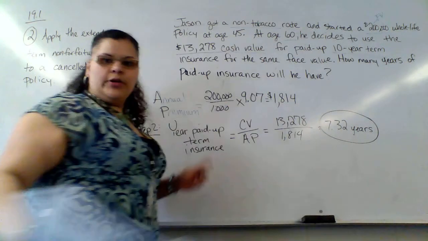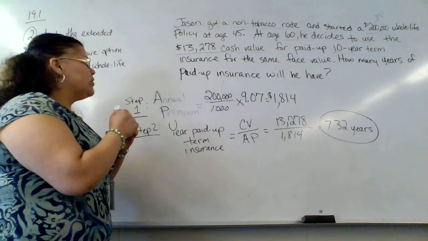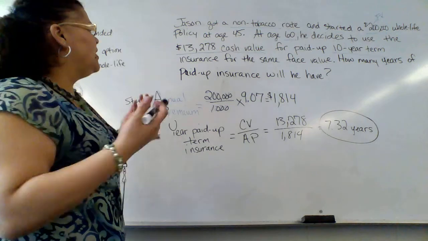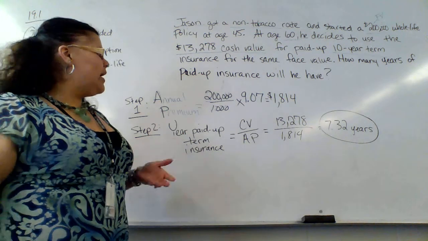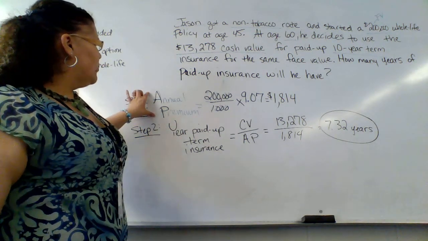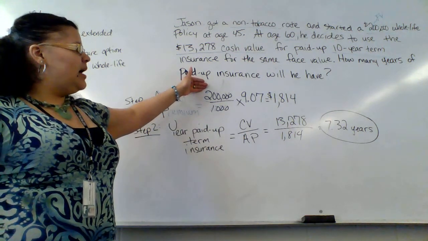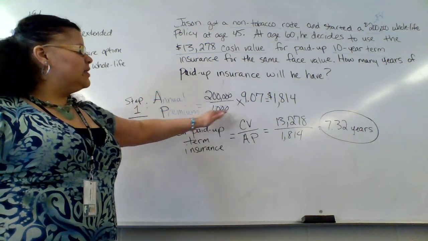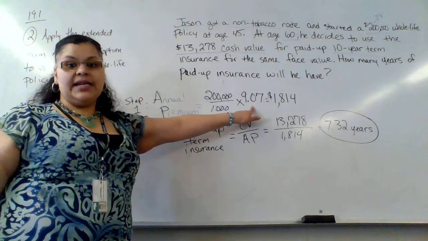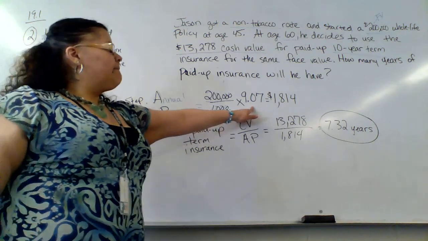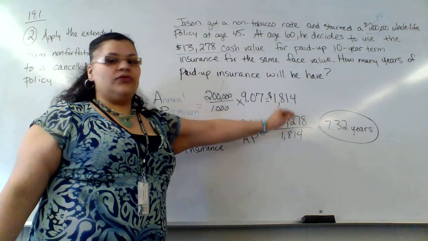So just going to run back through it. In order to find out how many years of paid up insurance he'll have, you have to first calculate the annual premium, which is by taking the face value of the policy, dividing it by 1,000, and multiplying by the rate that you find on 19.1. And that came out to 1,814.